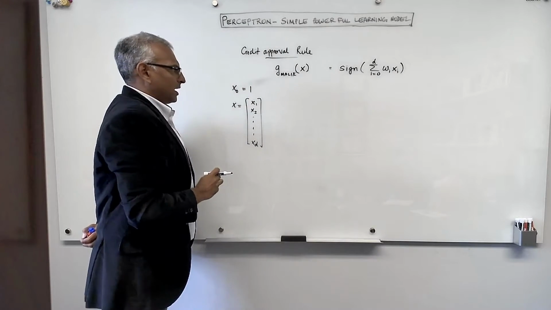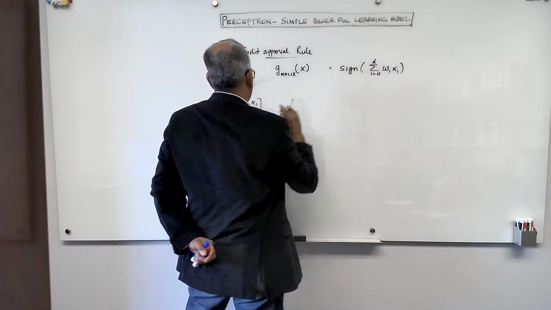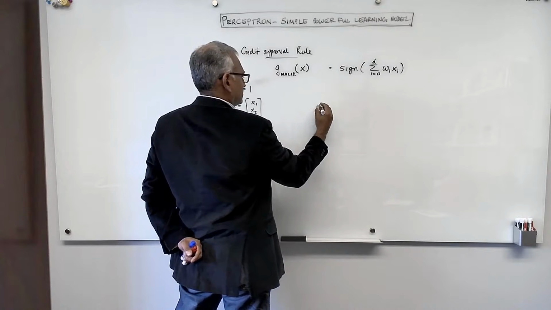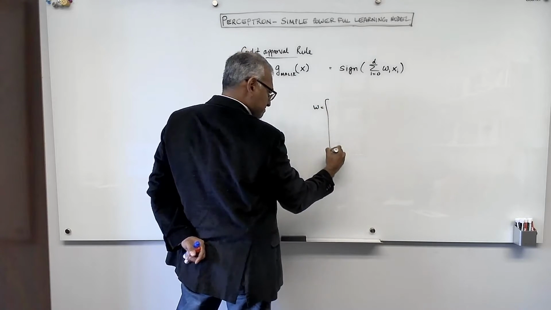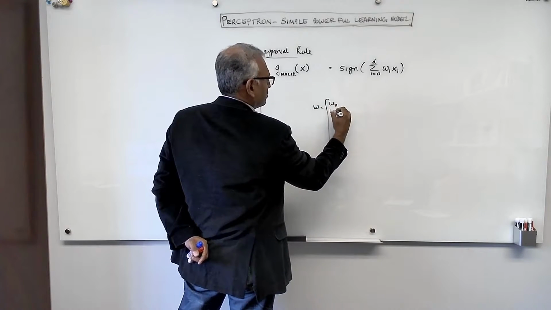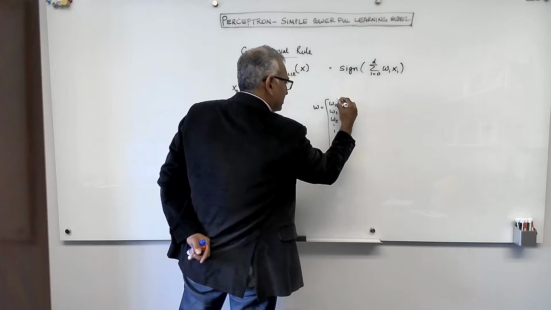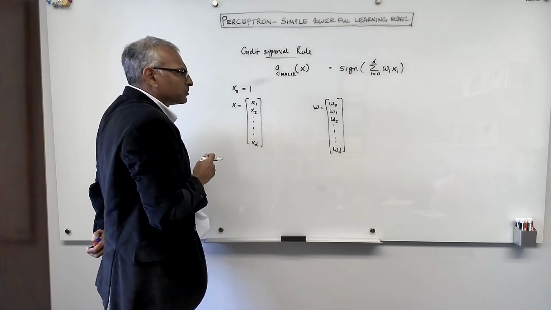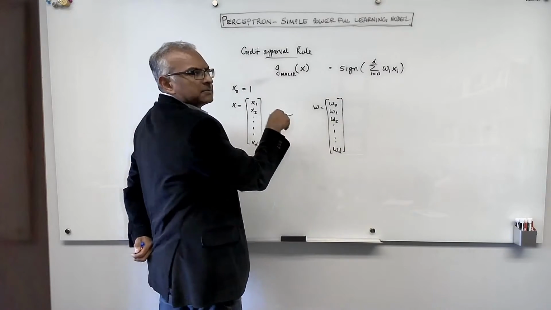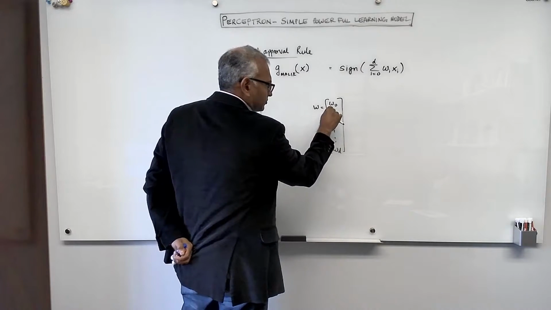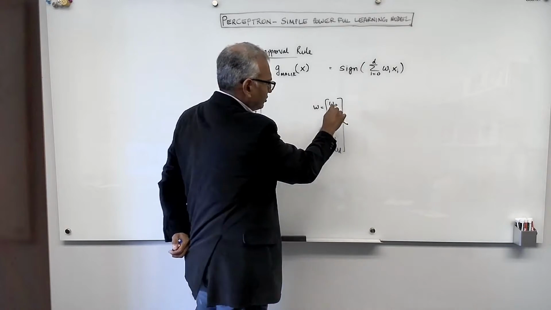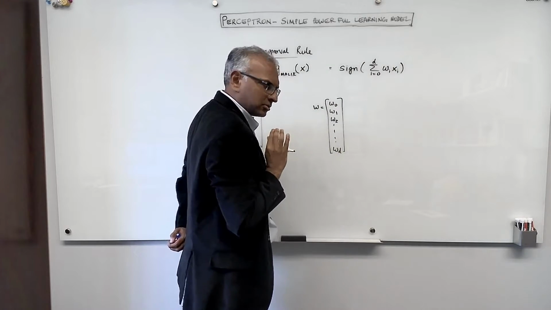And we have d plus 1 weights, so W is equal to W0, W1, W2, up to W sub d. These are the weights that I came up with in the dark room. Just to remind you, W0 is equal to the negative of the threshold.